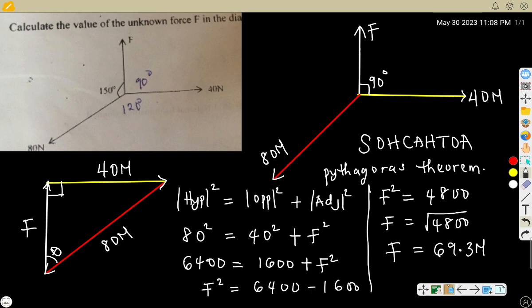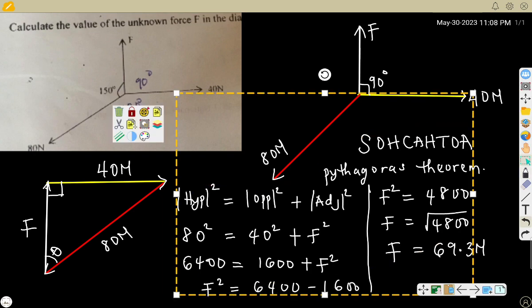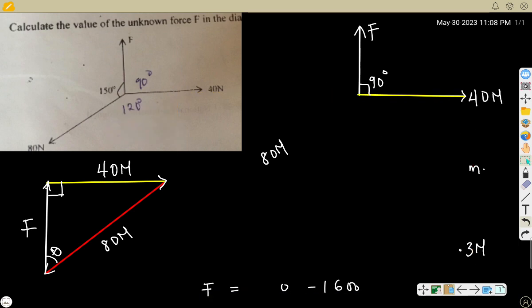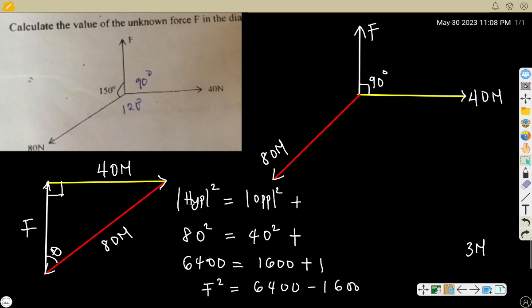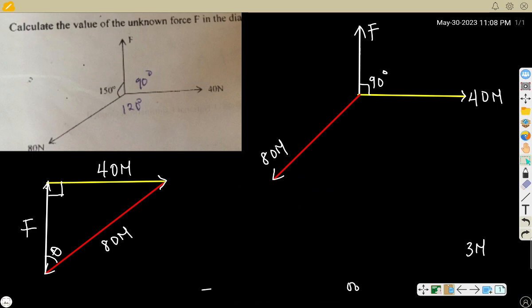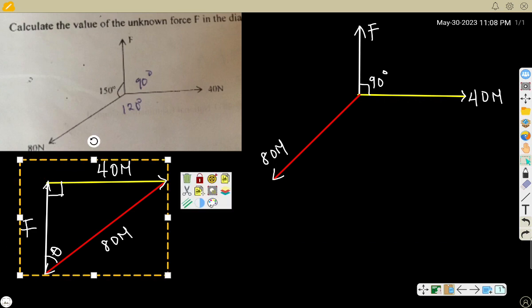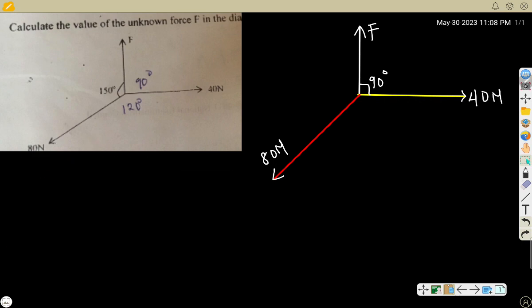Now, using this same question, I'll use equilibrium of forces because equilibrium is opposite of resultant. So that will be another method. We know already that this angle is 150 degrees.